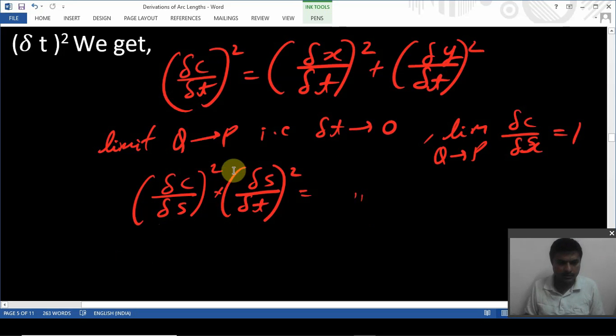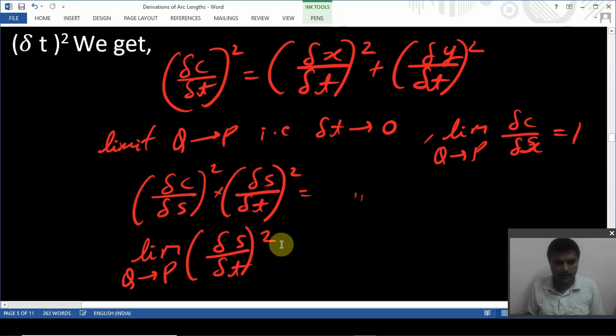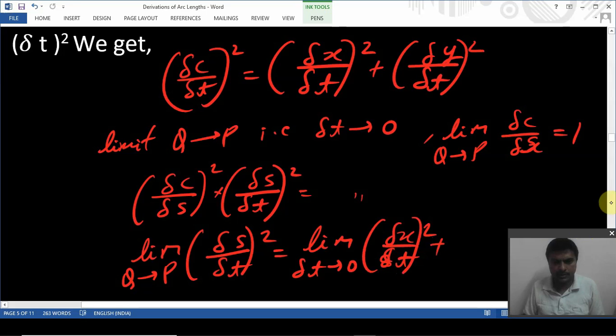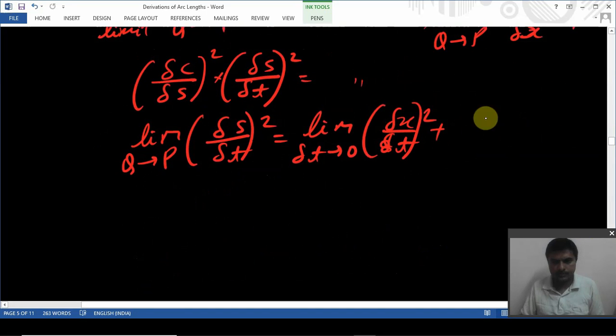Then when you take the limit, this will be 1, and remaining limit as q tending to p, (delta s divided by delta t) the whole square is equal to limit as delta t tending to 0, (delta x divided by delta t) the whole square plus limit as delta t tending to 0, (delta y divided by delta t) the whole square.